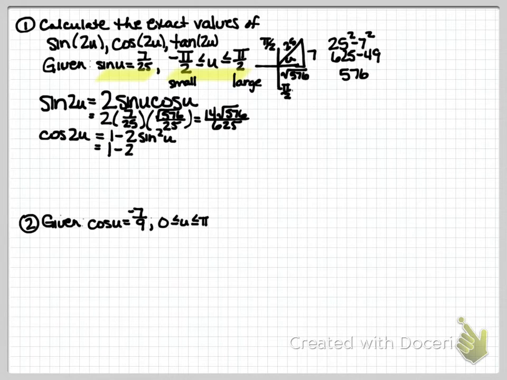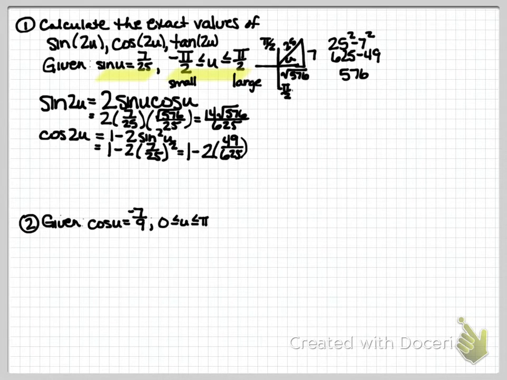So 1 minus 2 times sine of u, which is 7 over 25, squared. Square our parentheses by following order of operations. And that's going to give me 49 over 625.